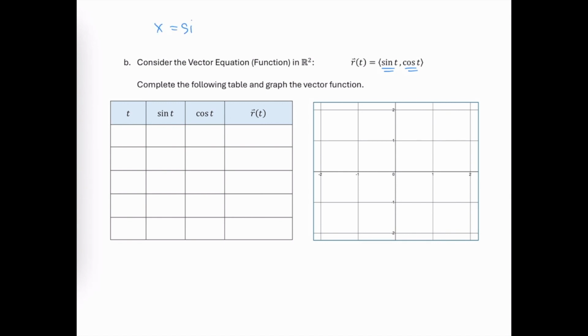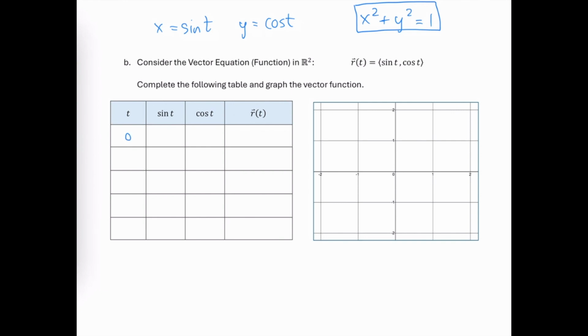So if x is equal to sine t and y is equal to cosine t, we're still going to end up with x squared plus y squared equals 1 as the rectangular form of this curve when we remove the parameter, meaning that we're still going to end up with a circle centered at the origin with a radius of 1. So how does switching the order of these parametric equations change the graph?